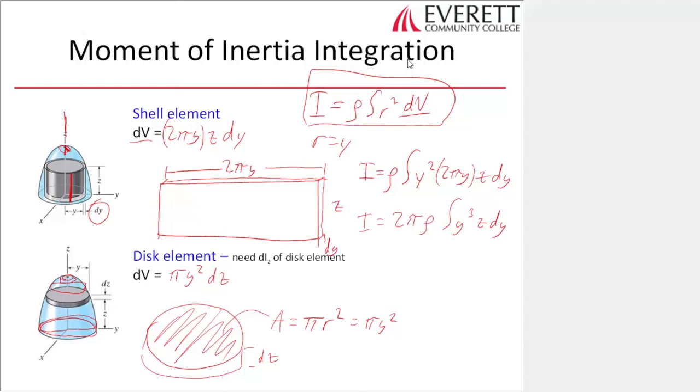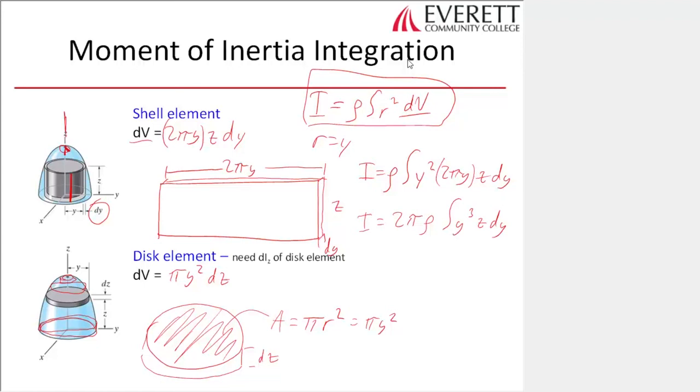Okay, this is where the trick comes into play. Not all objects have the same moment of inertia. If you notice the thin ring on top, every part of that ring, and each ring that we add up, is equidistant from the axis of rotation, the axis that we care about, Iz, right? Every piece on this ring is the same distance from that axis.